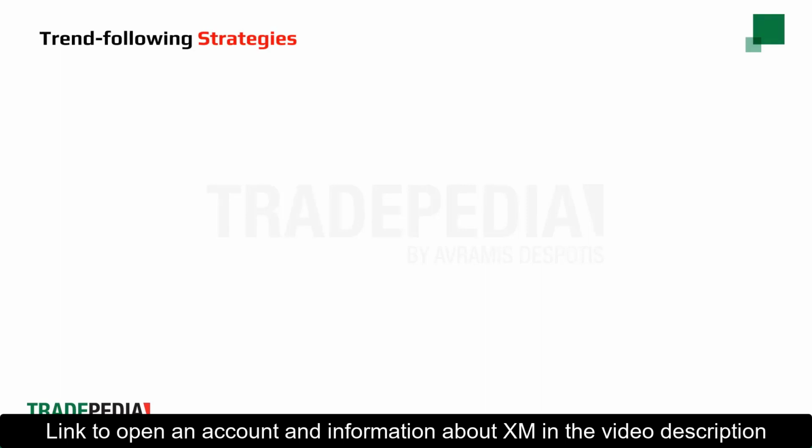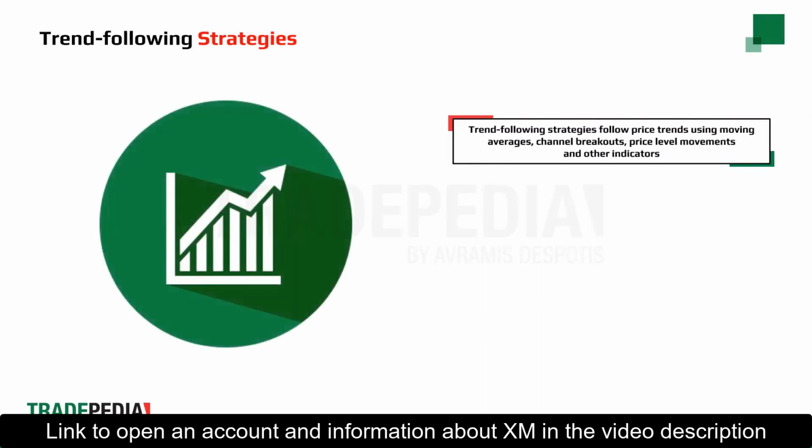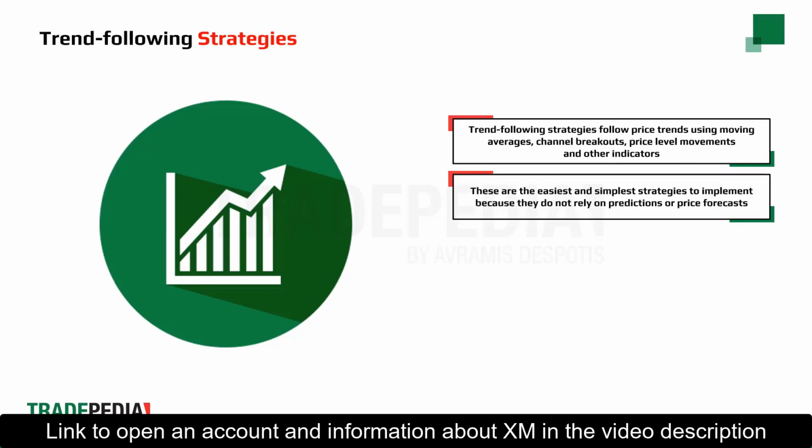Trend-following strategies. Trend-following strategies follow price trends using moving averages, channel breakouts, price level movements, and other related technical indicators. These are the easiest and simplest strategies to implement because these strategies do not rely on predictions or price forecasts.